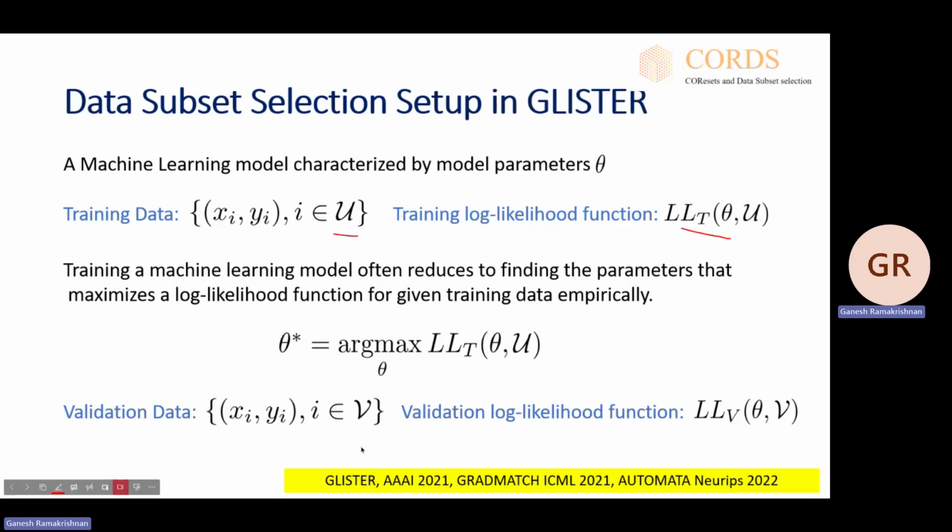I'll say, find data which maximizes what? What should I maximize? Some likelihood, some function on the validation data, but over a subset of the training data.